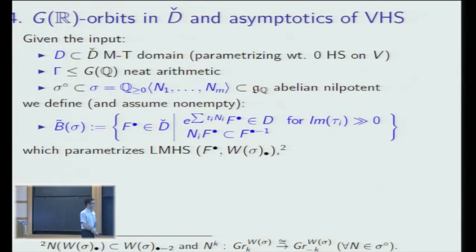What is W of sigma dot? Okay, so we can define it uniquely in the following way. Take any n in the interior of sigma. Then I can uniquely determine W of sigma by requiring that n drops the weight filtration by 2, and n to the k gives isomorphisms between the graded weight k and graded weight minus k parts.